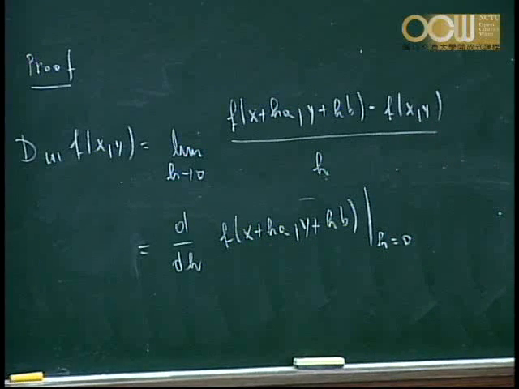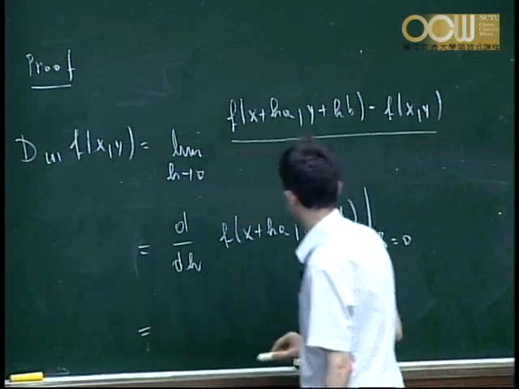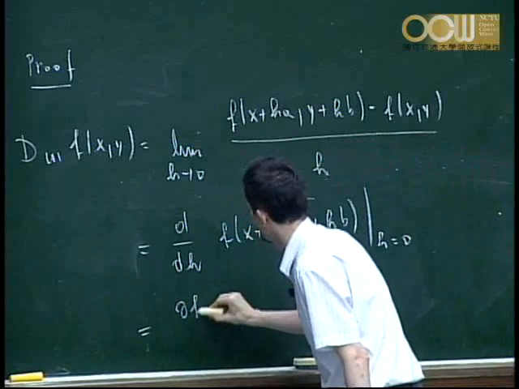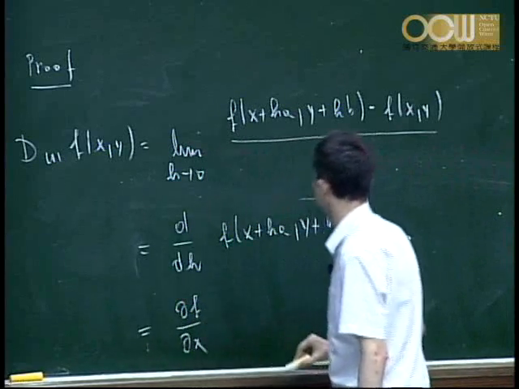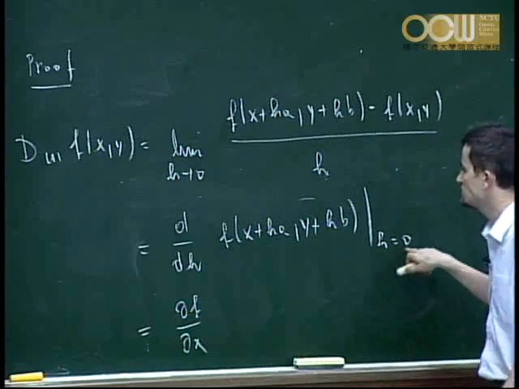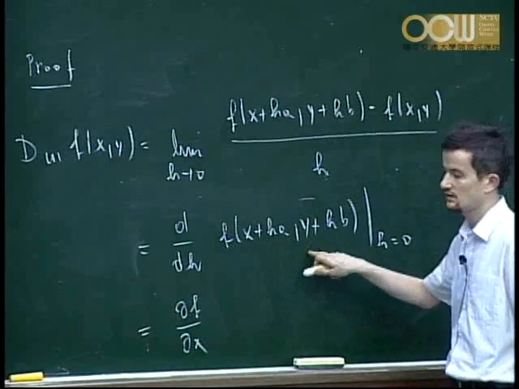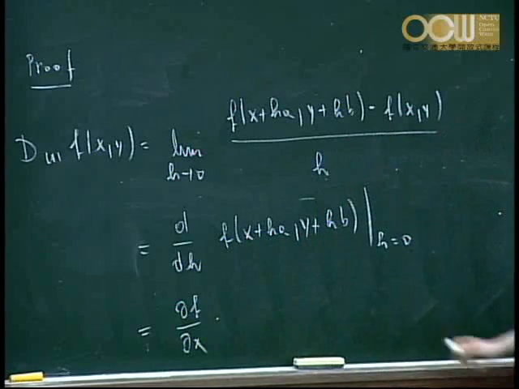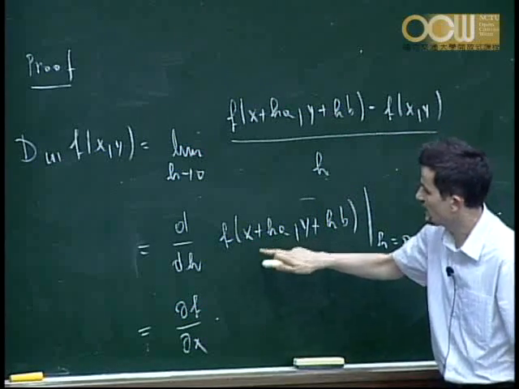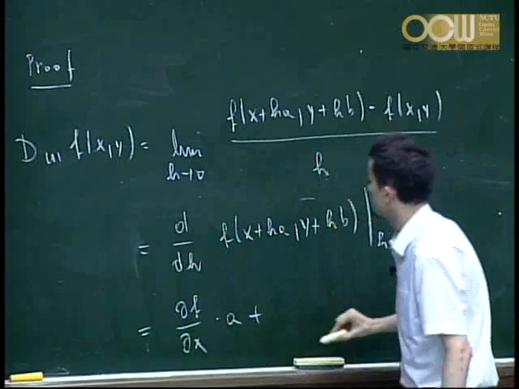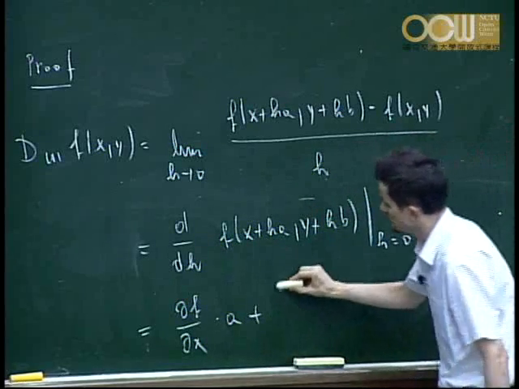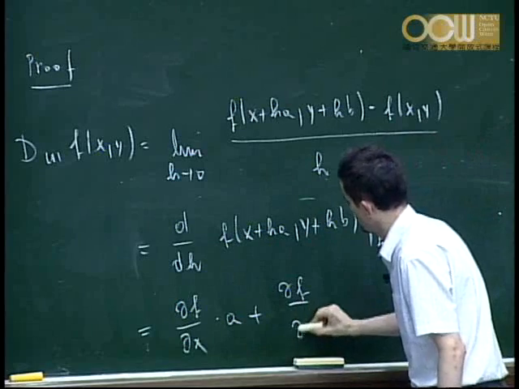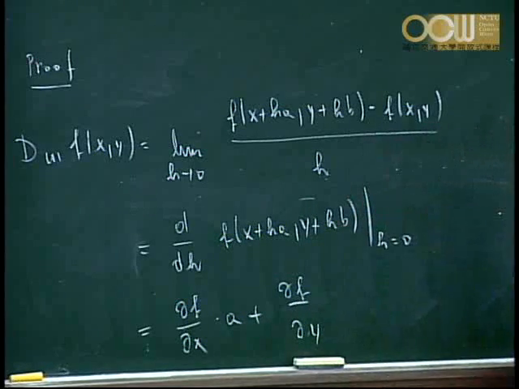By the chain rule, this is nothing else but the partial derivative of f with respect to x, evaluated at h equal to 0, so at x0, y0, times the derivative of this function with respect to h, which is a, plus the partial derivative of f with respect to y.